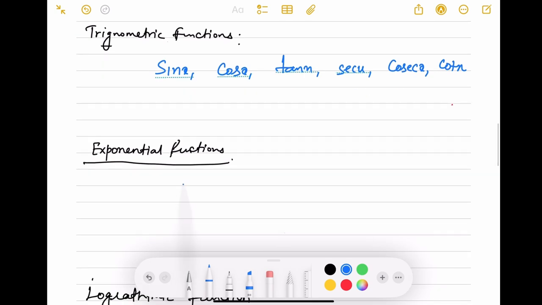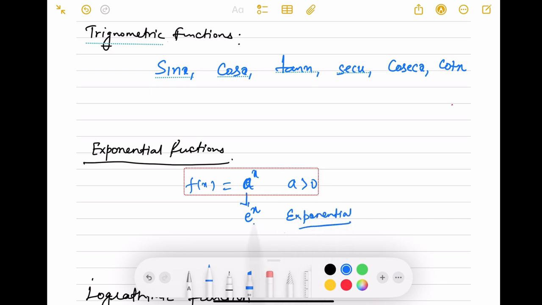The next type is the exponential function, f(x) = e^x or a^x, where a is positive. If a becomes e, we get e^x, the natural exponential function.